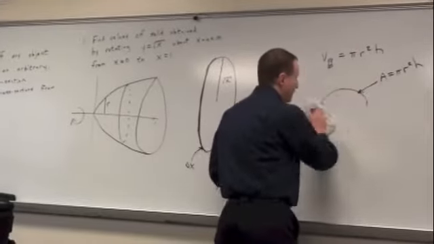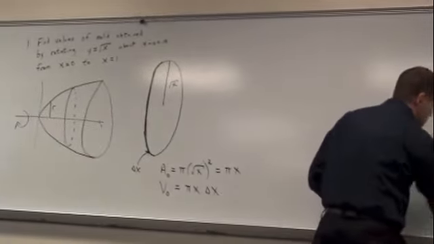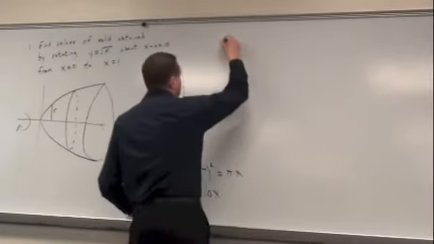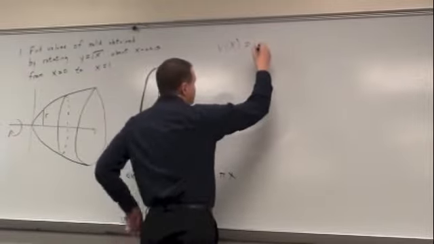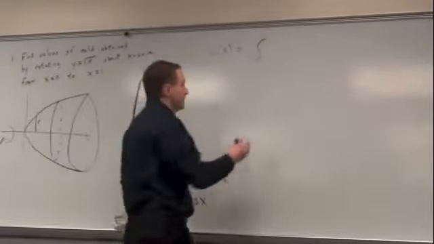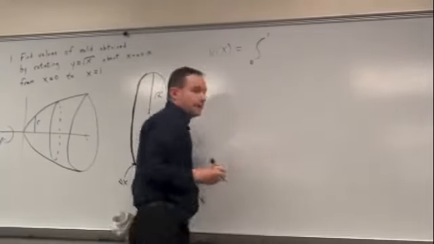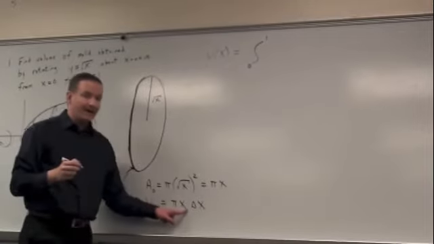So I'd say, okay, the volume of this region of revolution, I'll say the volume in terms of x is going to give me the integral from where it begins to where it ends, 0 to 1. My formula is going to be pi x.